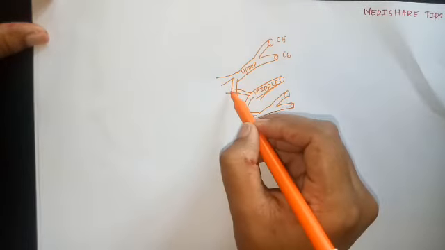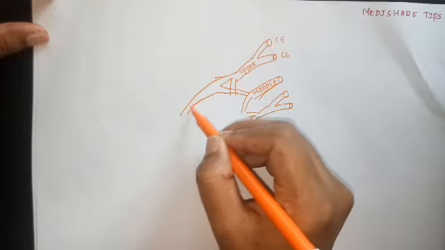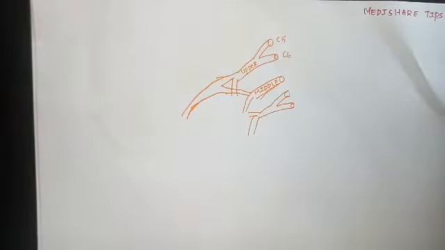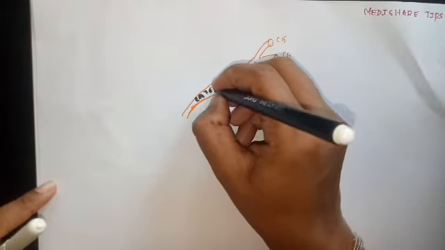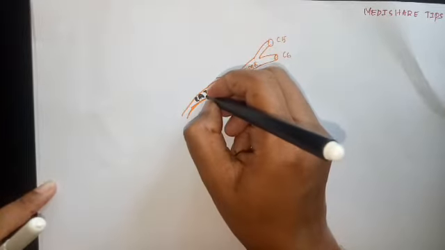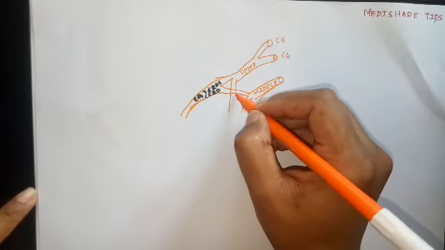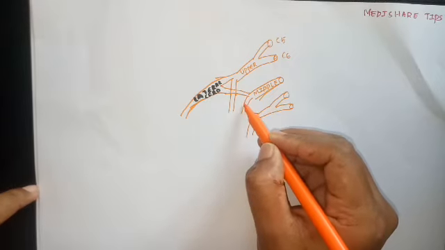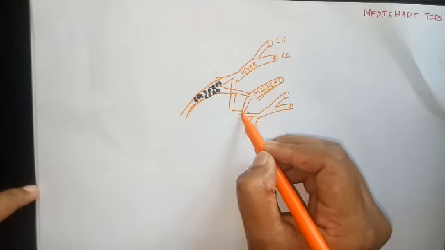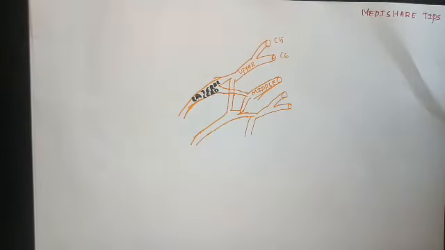The anterior divisions of the upper and middle trunk combine to form the lateral cord of brachial plexus. Lateral cord. And the posterior divisions of all these trunks combine to form the posterior cord of brachial plexus.